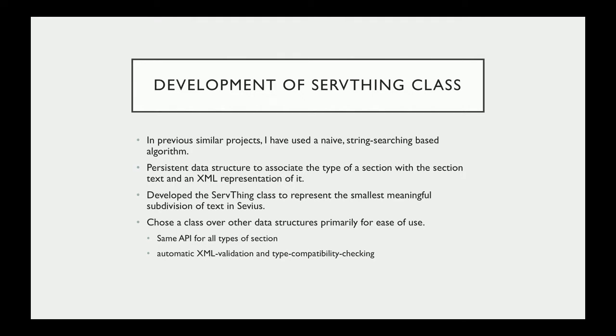Because a class can encapsulate type-dependent processing, the programmer can deal with any section of Servius using the same API, regardless of the section's type. Each ServThing object also maintains a valid XML representation of itself, which is updated and checked anytime the text of the ServThing is changed.